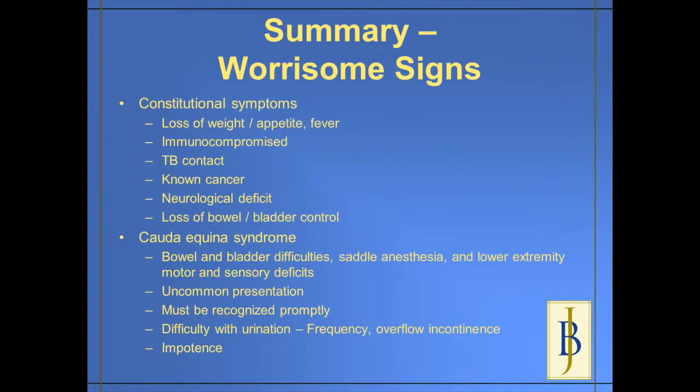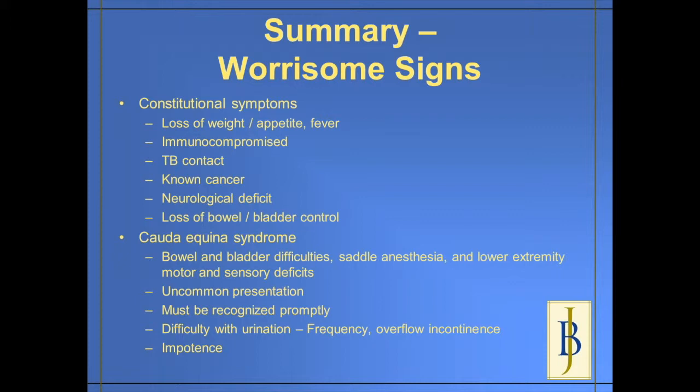And then things that are very worrisome: should patients have constitutional symptoms, meaning loss of weight, loss of appetite, known cancer, neurological deficits, especially if patients are previously able to walk on their own and within a matter of a few months start needing a walker. That's something very worrisome. Patients shouldn't deteriorate that quickly. Then loss of bowel and bladder control.